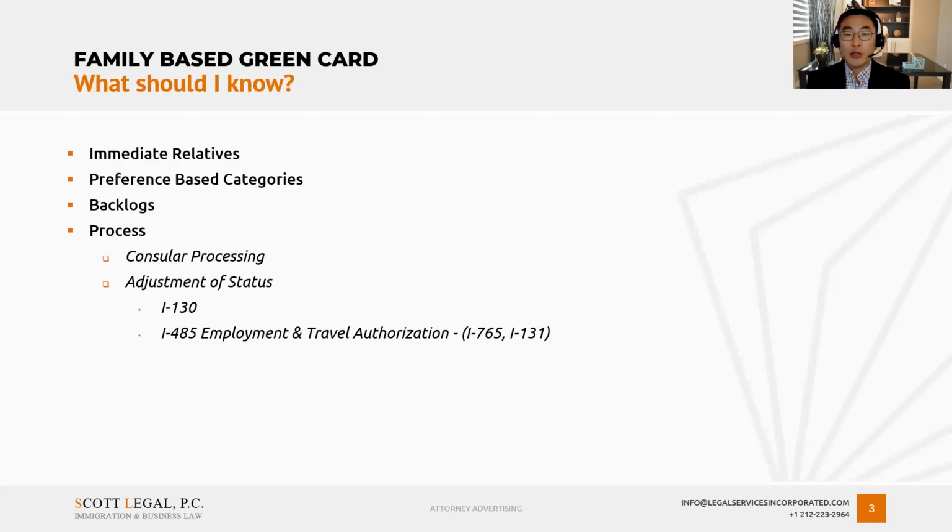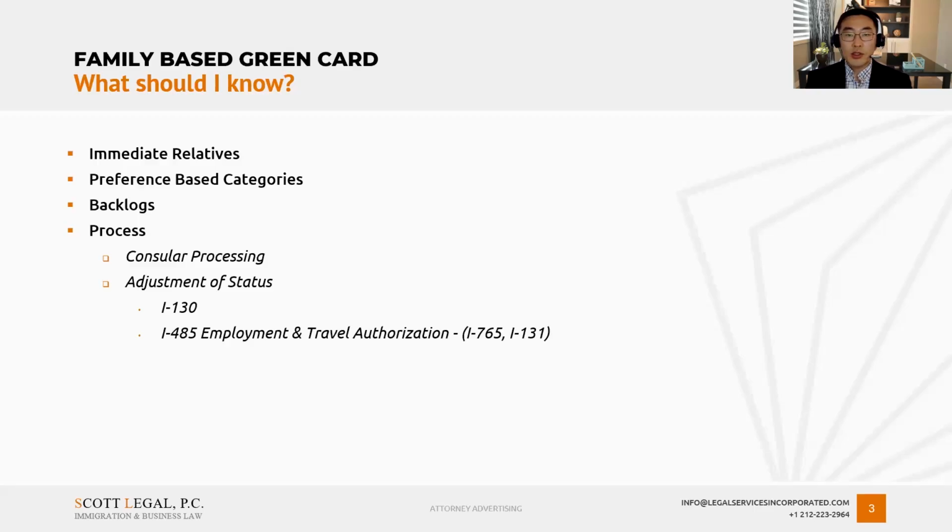Once a particular category reaches the annual cap, the application may experience some delays, and that's why it is important to check the monthly visa bulletin announced by the Department of State when you are preparing for your green card application. So next, let's talk about the process for the family green card case.